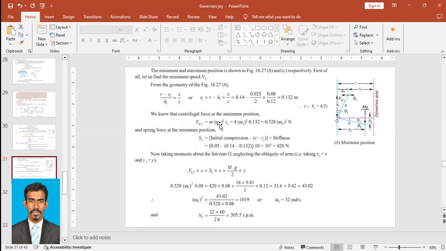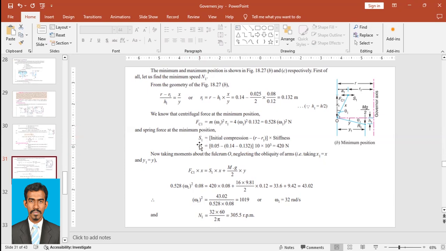That is 0.05 minus A1. A1 we know is R minus R1. R was given as 0.14 in the question, and R1 we have found to be 0.132. So R minus R1 is equal to 0.14 minus 0.132.